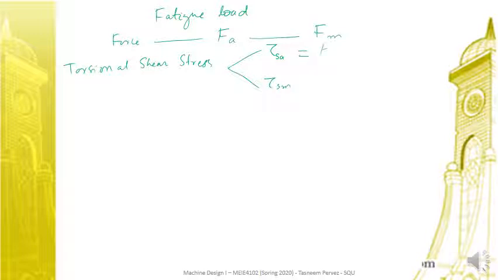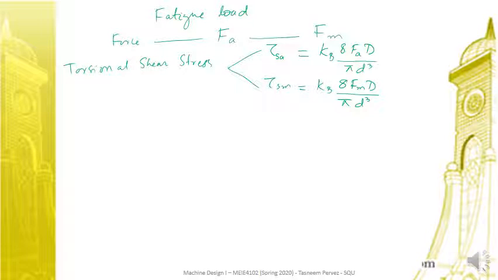Equation: this is equal to KB 8F, and this is alternate load, mean coil diameter divided by pi d cube. This is the formula that we have for the stress. When I want to calculate for the mean, then it will be the same. The only difference will come, it's the same 8. This will be the mean load, this is the mean coil diameter over pi, and this is the wire diameter.